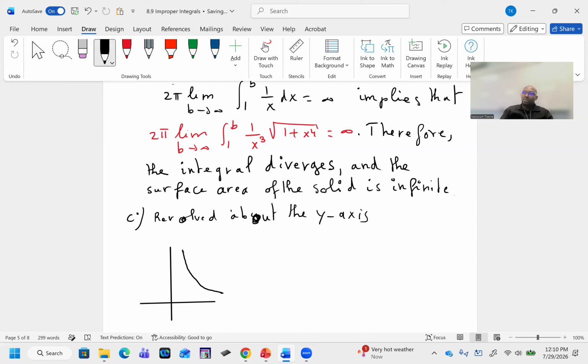It will be something like this. One is revolved about the y-axis.